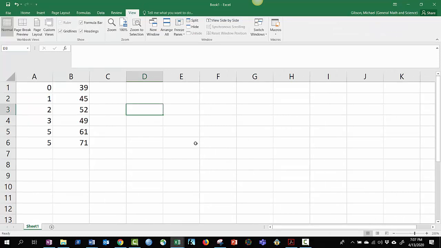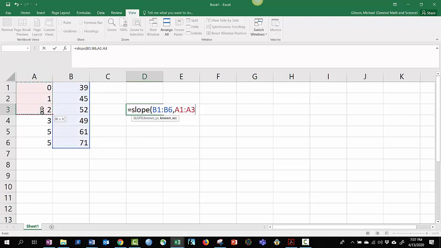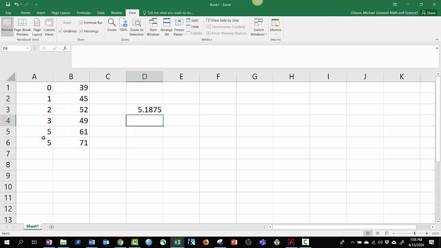So we need the slope and the y-intercept in order to put it in slope-intercept form. So equals SLOPE, open parenthesis, highlight the y values, comma, highlight the x values, close parenthesis. There's our slope. We want the y-intercept, so the command is INTERCEPT.